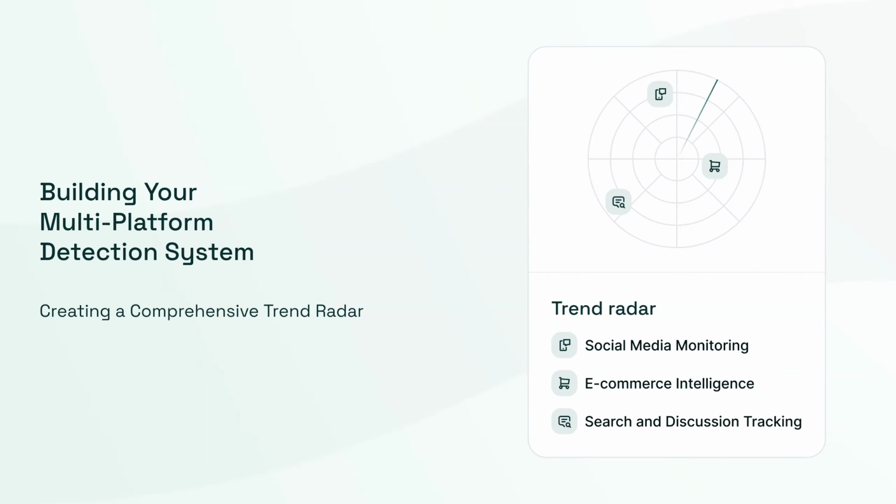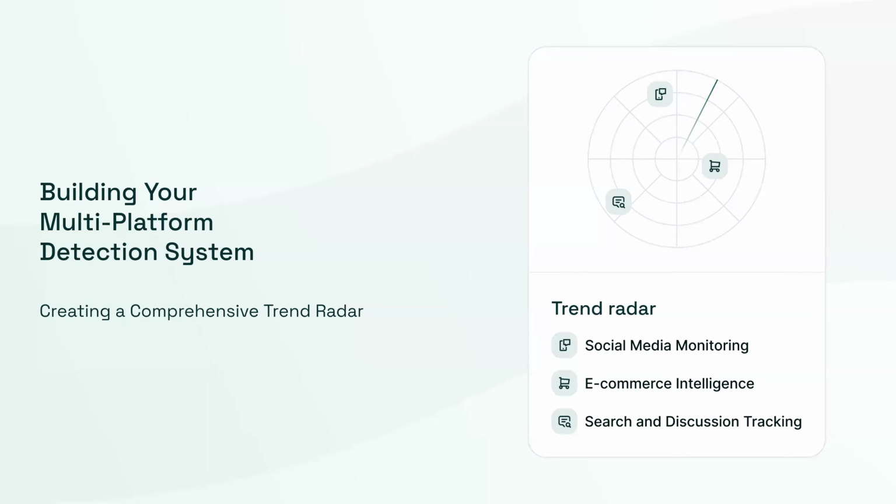Yeah, search and discussion tracking means keeping an eye on where conversations are heating up across different platforms. For example, Google Trends helps you catch keyword spikes as search volume changes. Or, as mentioned, on Reddit you can look at the engagement, things like upvotes, comments, and the quality of the discussion in relevant subreddits.